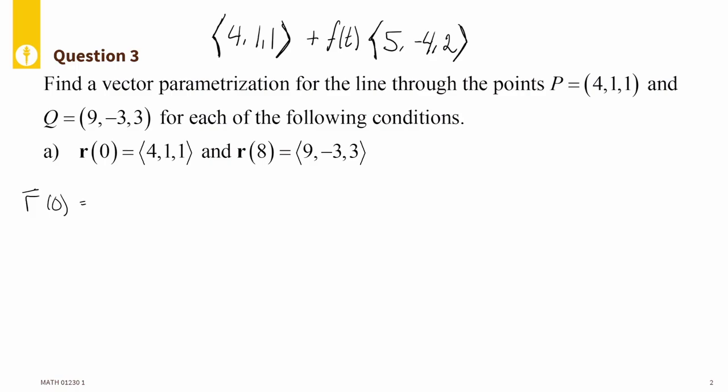So we're told R of 0 has to equal 4, 1, 1, but we also know what R of t equals. So that has to equal 4, 1, 1. Right?